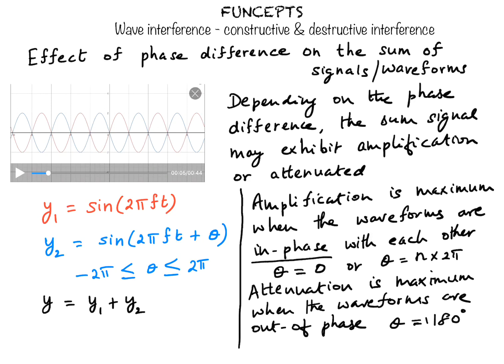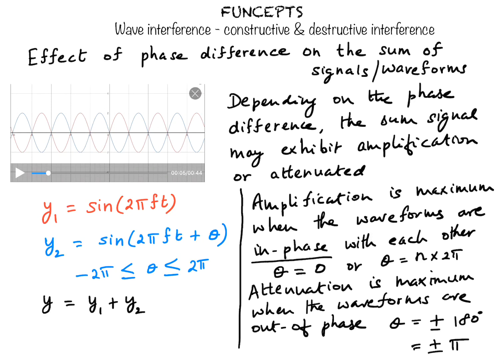Let me write that clearly: theta is plus or minus 180 degrees, or we can write that as plus or minus pi. That's when the two waveforms cancel out each other, resulting in the amplitude of the sum waveform being completely zero, as we see in this plot.